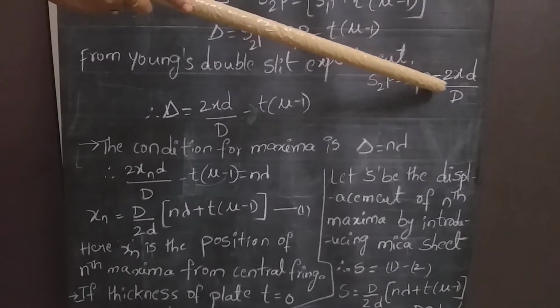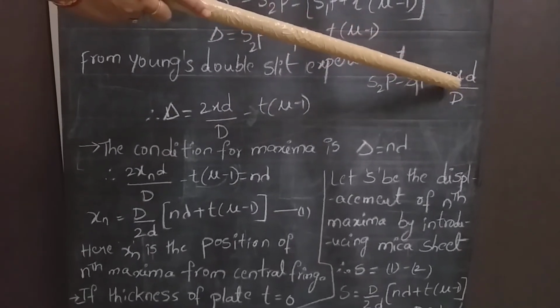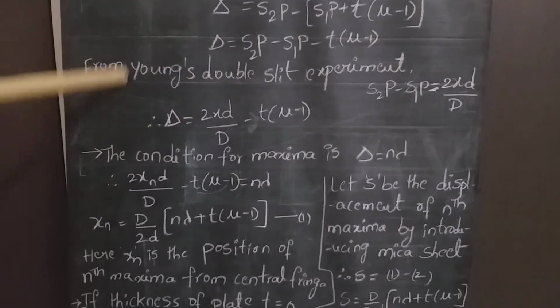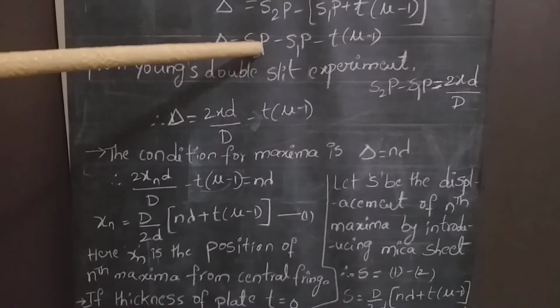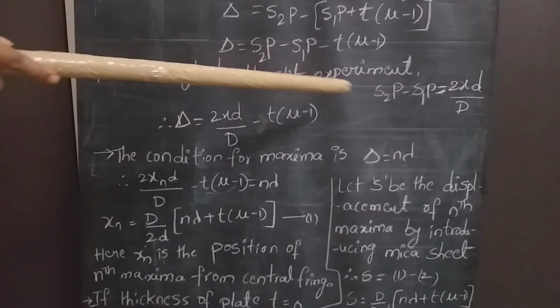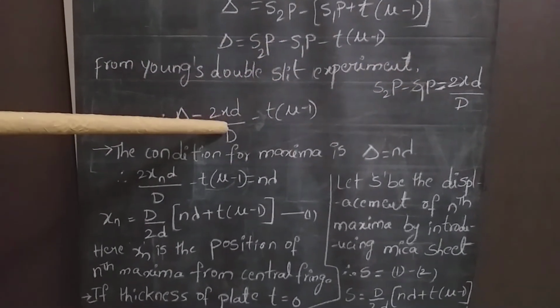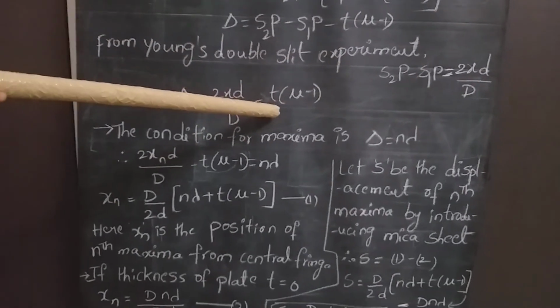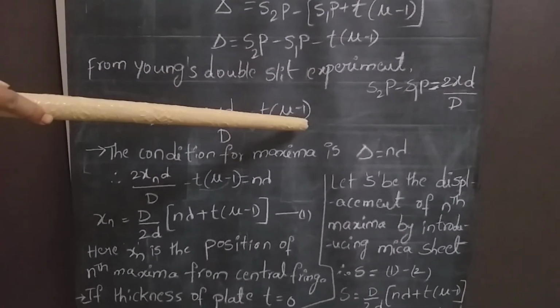I will tell you what the value of this x is. Now, therefore, the path difference is modified: in place of S2P minus S1P, we have substituted 2x into small d by capital D, and the remaining term is minus t into mu minus 1.